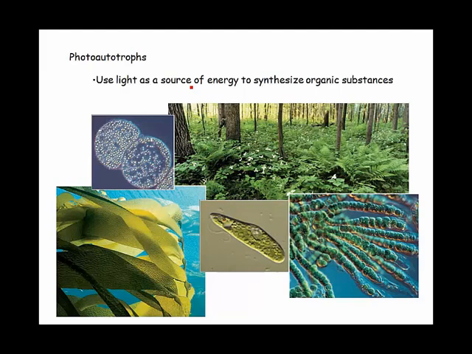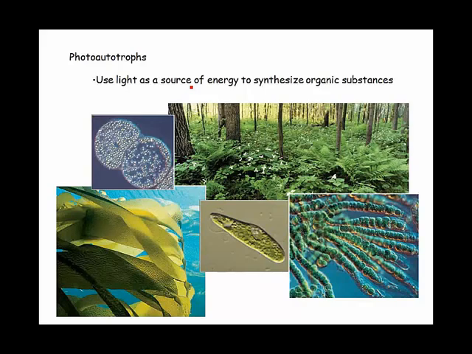There are a few prokaryotes as well that are capable of photosynthesizing, so those will be our cyanobacteria. We will be focusing on the plants, but we do always want to keep in mind that there are other organisms or groups of organisms that are capable of photosynthesis as well.